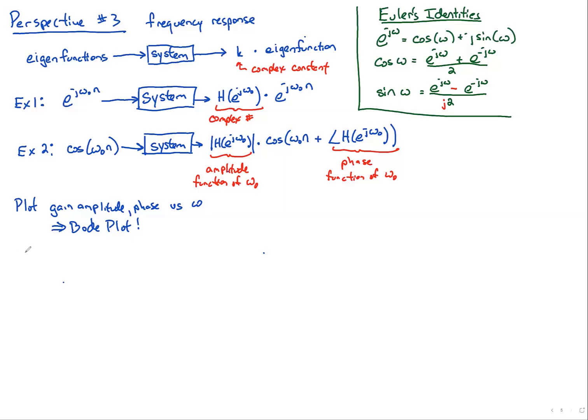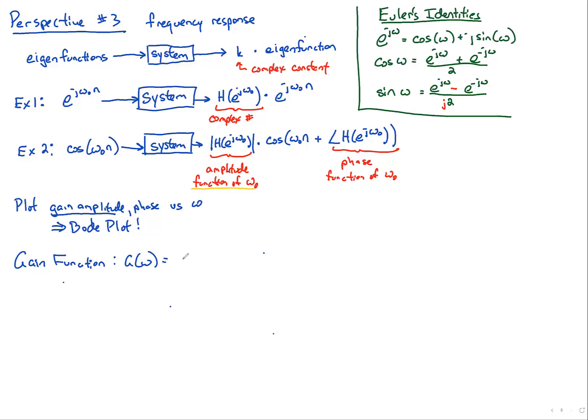Now, in discrete time, we have a particular thing we call a gain function. And it's just a fancy way of describing this part here.